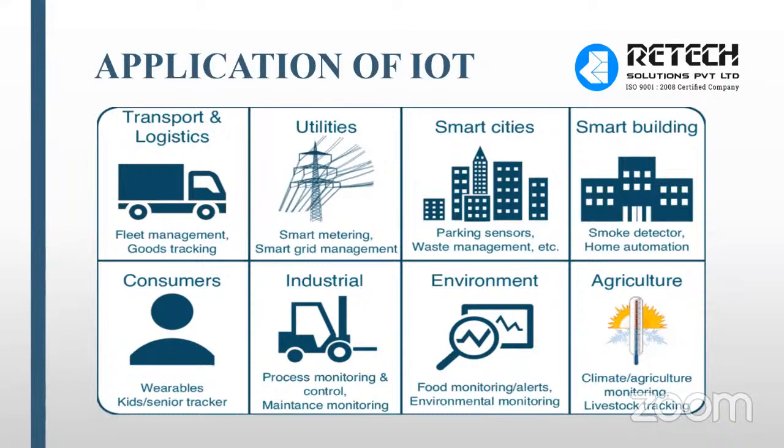Then agriculture field monitoring. That means a soil moisture sensor or temperature sensor, and a water level sensor. One agricultural land definitely needs water. We can easily monitor the land soil using the soil moisture sensor, and based on that sensor data, we can easily control the motor.